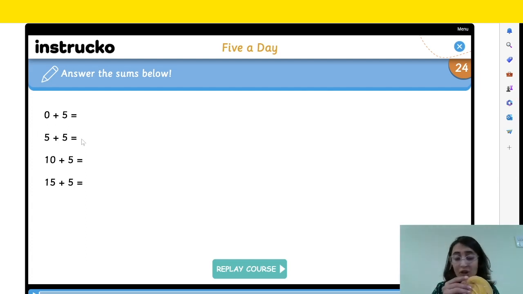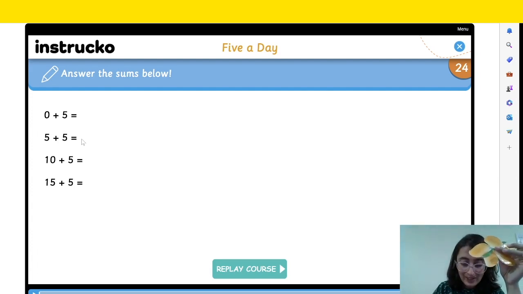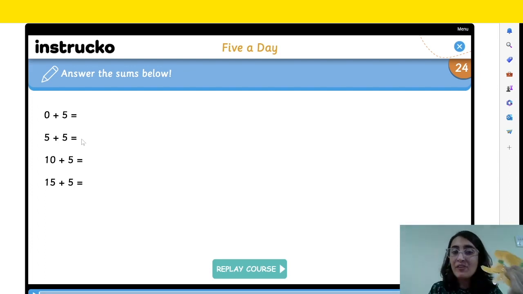Then Mo went to his uncle and his uncle gave him 5 mangoes, right? So he already had 10 fruits. Now 10 plus 5 is 11, 12, 13, 14, 15. So 10 plus 5 is 15. And now Mo had 15 fruits.